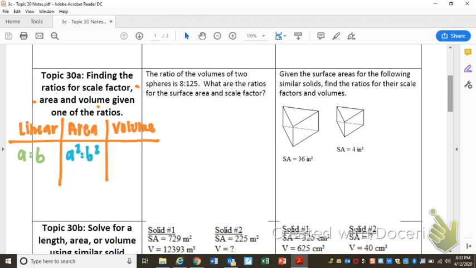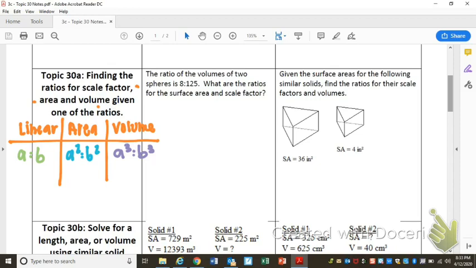And then we have volume. So volume is multiplying three things together now to get our volume. And whenever we look at our units for volume, it's always your units cubed. So this one is going to be a cubed to b cubed. And we're going to be jumping in between all of these ratios.